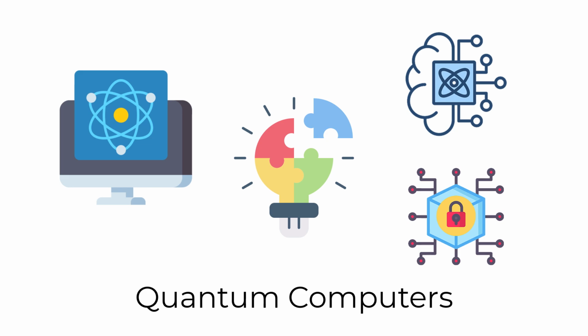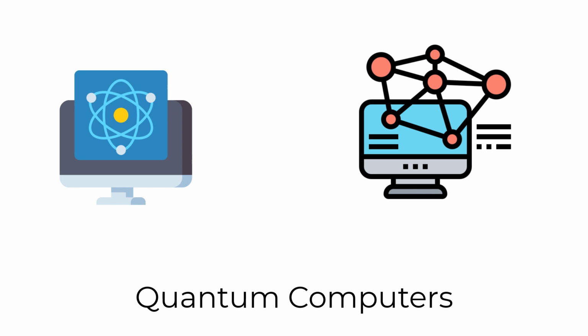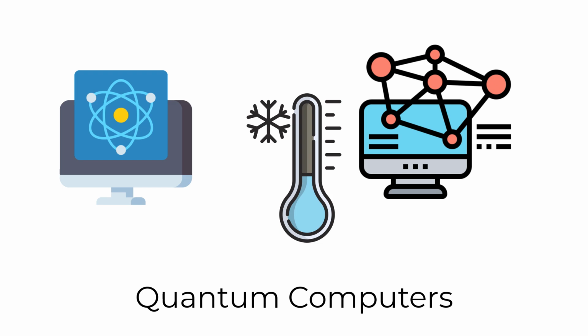Now let's talk about the challenges in building and maintaining qubits or quantum computers. Qubits are really fragile and require extremely low temperatures and isolation from the environment to maintain their quantum state, that is, the superposition state between 0 and 1. There is also the challenge of error correction.